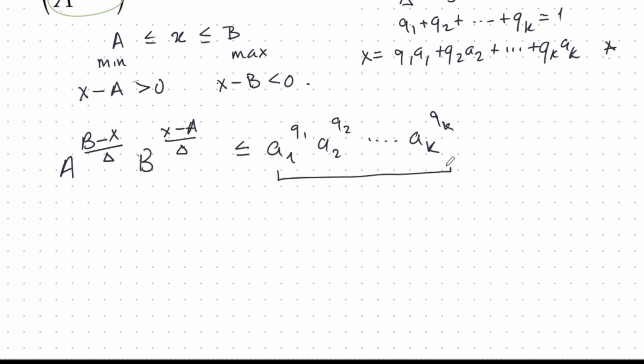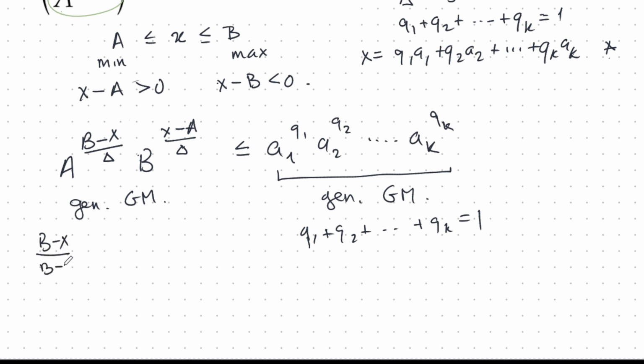Now, let's think about this. This here is like a generalized geometric mean, but this is also a generalized geometric mean. Why is that? Well, for the generalized geometric mean, the powers Q1 plus Q2 plus so on have to add up to 1. But let's see what happens here. Is that the case? B minus A plus X minus A over B minus A, and that is indeed the case, B minus A over B minus A, and it's 1.